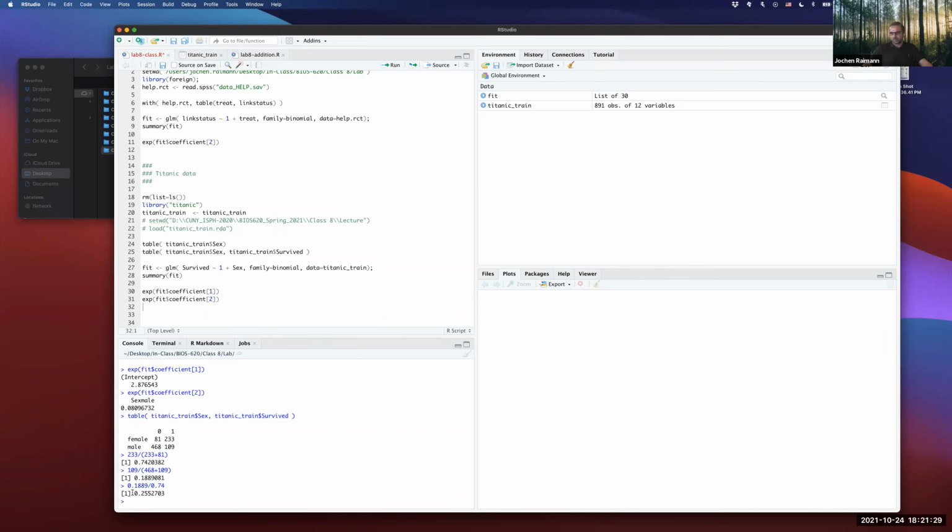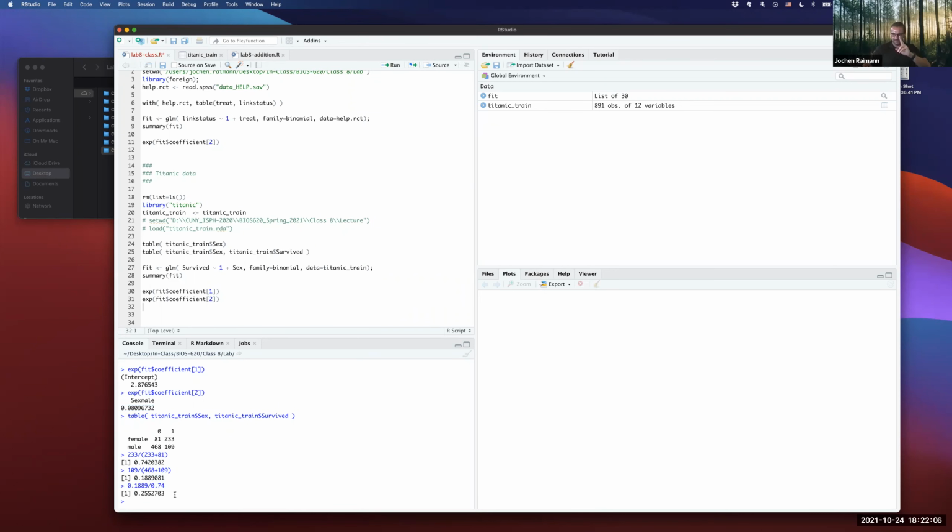And the survival probability is significantly lower in males, which is seen here in the risk ratio, where we have a probability of survival. It's still throwing me off. Okay, we have a 74% survival probability in females, whereas we have an 18% probability of survival in males.